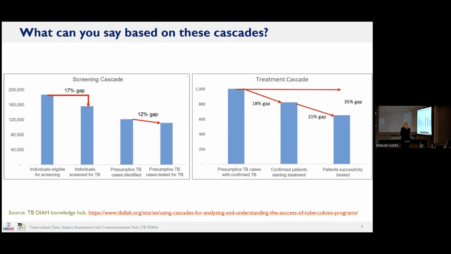I think it's a very simple example, and we see that the gap constitutes 17%. We clearly see that 17% of the population that were eligible for screening did not pass the screening. It could be our target groups like intravenous users of drugs.